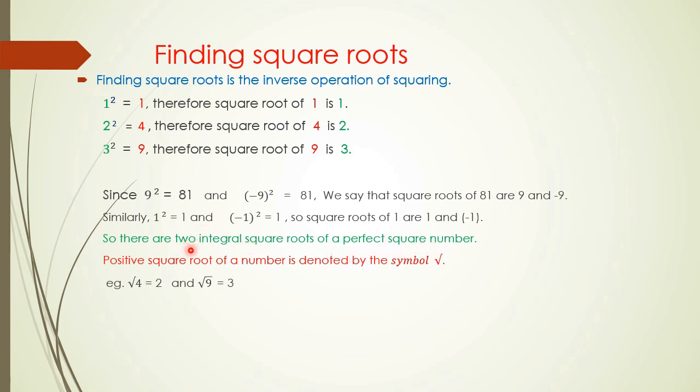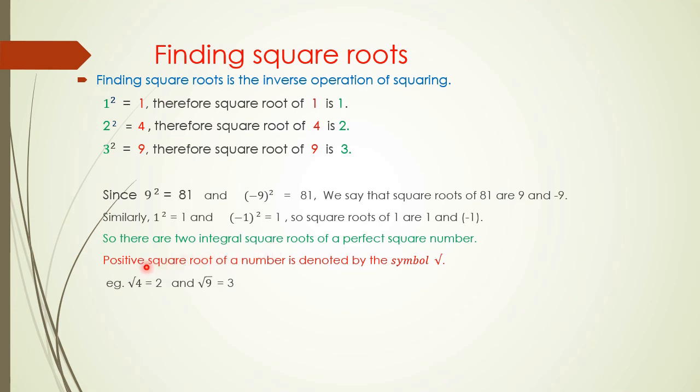Here 81 is the perfect square number, and what are the two integral square roots? We say 9 and minus 9. Any perfect square you take, we can get two integral square roots, that is, one positive square root and another negative square root.